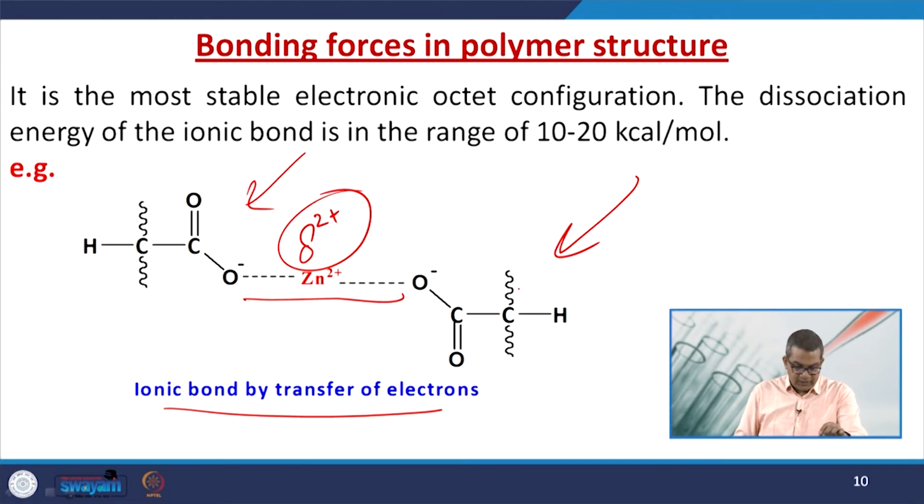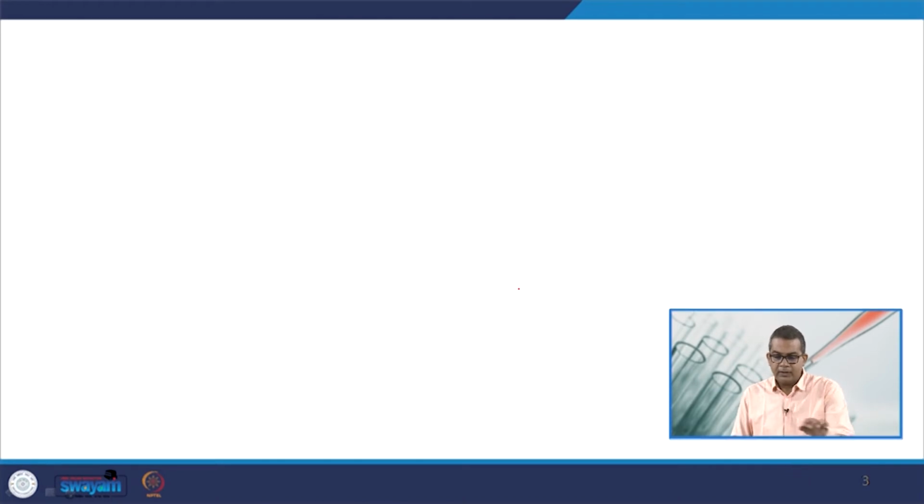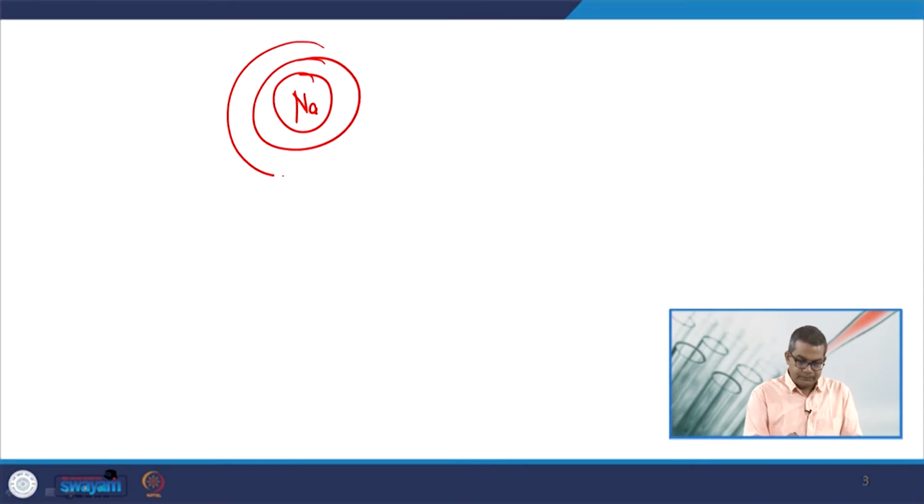Another best part of this particular approach I will show you on the whiteboard, so let us see the formation of NaCl. Now here you see, there are different ionic structures, plus let us have Cl.